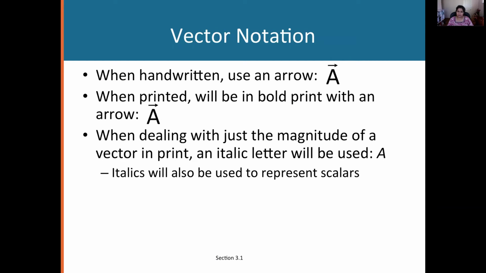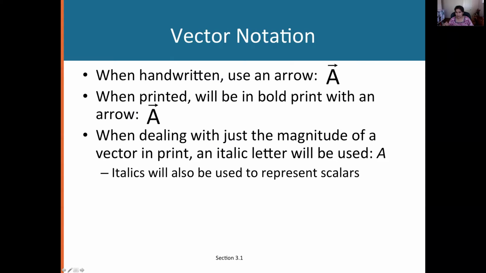Okay, a little bit about how vectors are written. So vector notation in a book, you'll often find the vector as a bolded letter, okay, with an arrow above it if possible. Even if it doesn't have an arrow but is bolded, it will be a vector quantity. Okay, if it has an arrow above it, it's definitely a vector quantity.